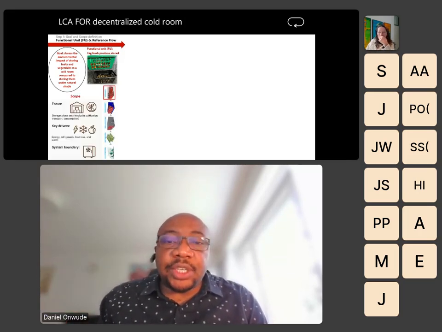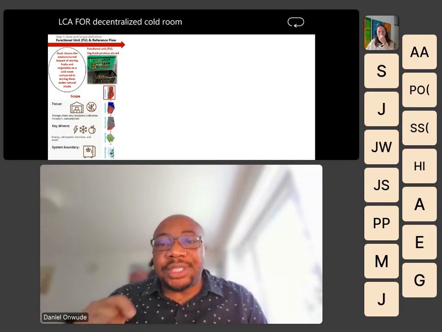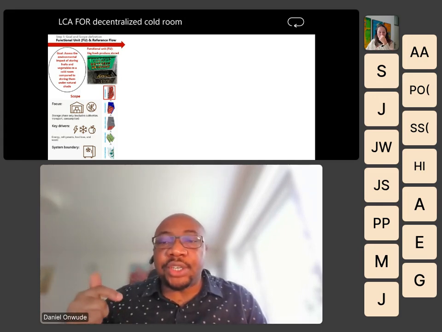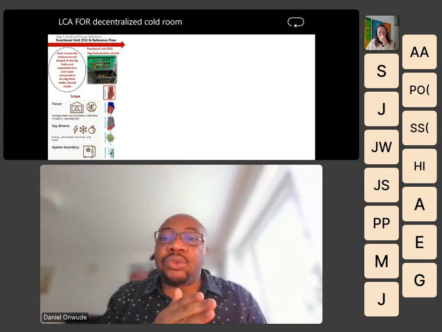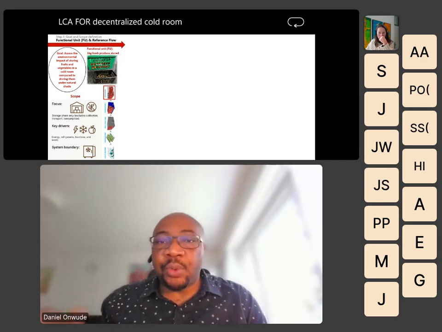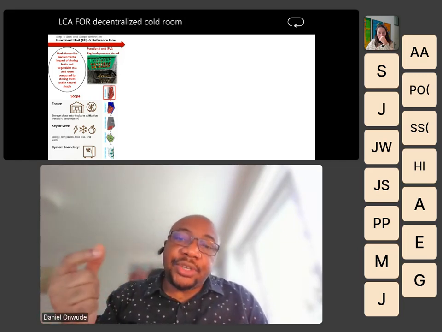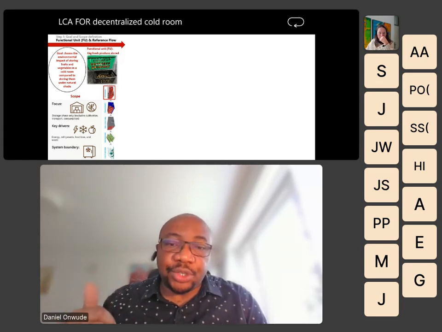Then the next thing was our scope. What's the scope? So the scope for us is focused only on the storage phase. We excluded cultivation, transportation, consumption, and so on and so forth, because the idea is to make sure that they remain equal across all scenarios, because we're looking at different countries. We targeted Nigeria, Philippines, and India for this solution.